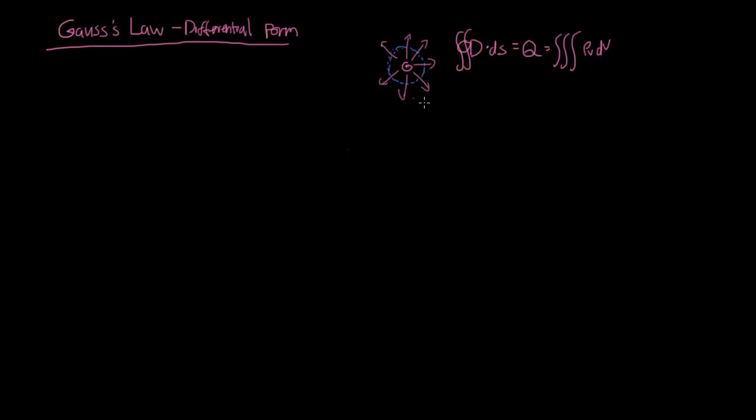So the differential form basically says, let's shrink this so that it's infinitesimally small. So if we have an infinitesimally small closed surface that we're adding up all the arrows into, there's going to be some arrows going through.